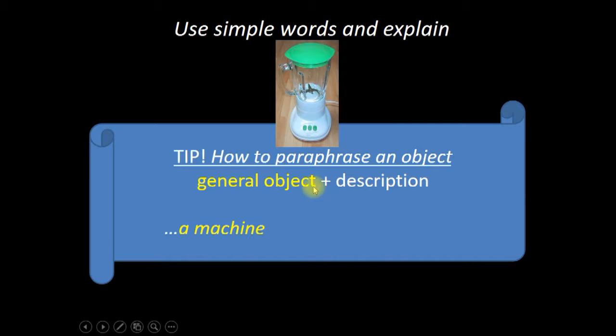So, the general object is a machine, and then we should describe it a little bit more specifically. A machine that makes smoothies, or a machine for making fruit shakes, or a noisy machine that makes juice. All of these describe exactly what this is, a blender.